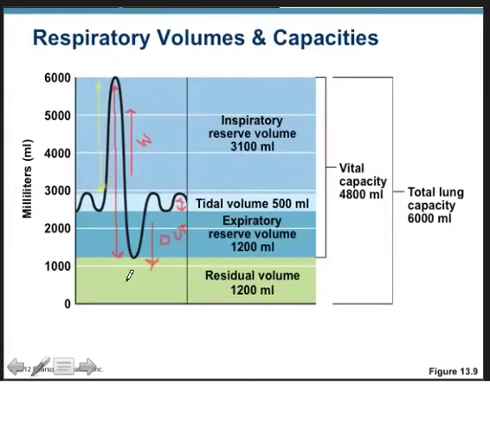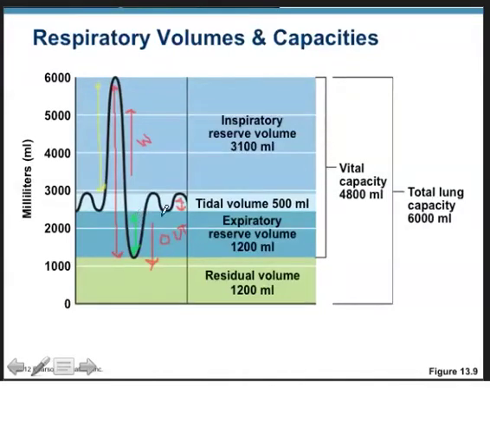By the same token, if you were to breathe out normally and then stop, not breathe in again, and then breathe out as hard as you can, that would be what we call your expiratory reserve, and that would be indicated here by this green arrow right there. I know it's a little hard to see, but bear with me.